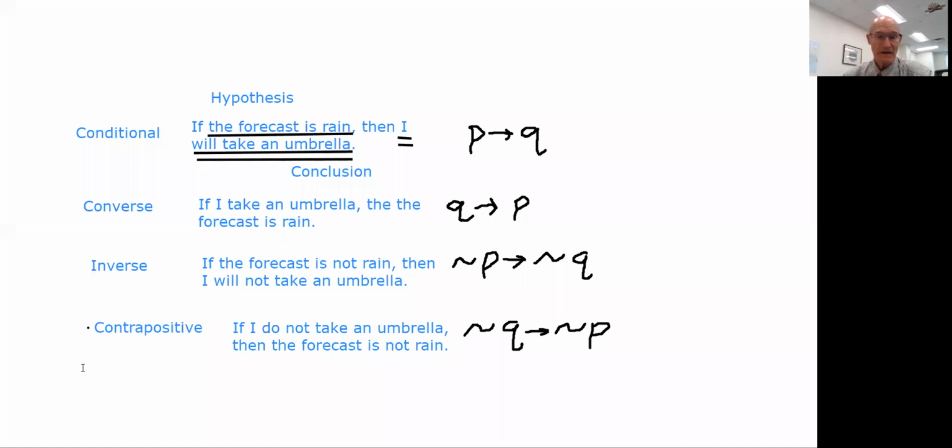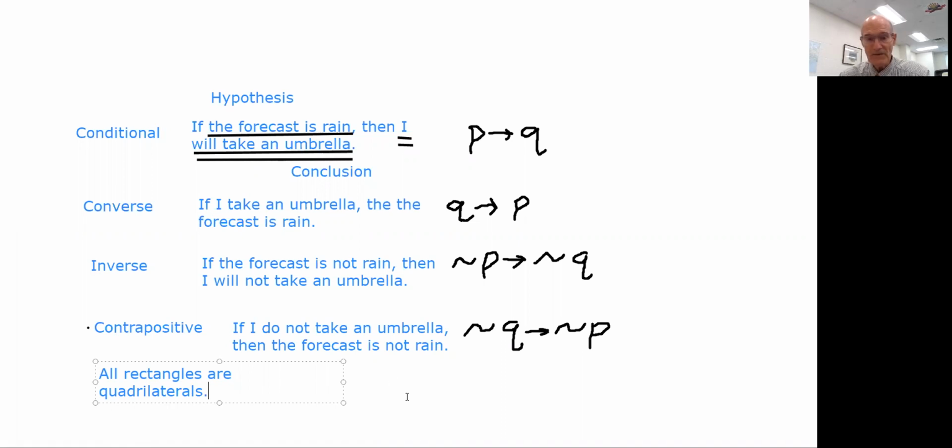If I start with all rectangles are quadrilaterals, okay? That is just a statement saying all rectangles are quadrilaterals.